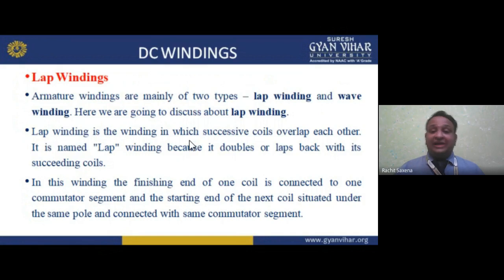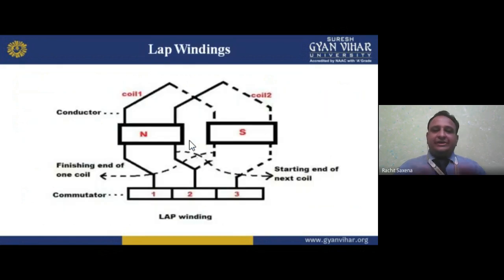The starting end of the next coil, situated under the same pole, is connected with the same commutator segment. Now moving forward, it is a very simple construction, my dear students. See here, it is a lap winding, a simple construction.